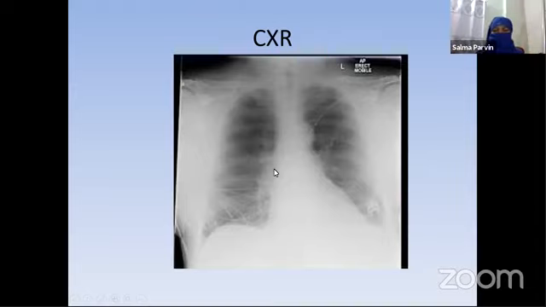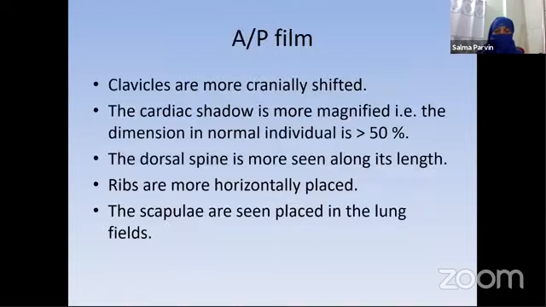And if we look keenly, the scapulae are seen in the chest cavity, as the patient is lying on their back.